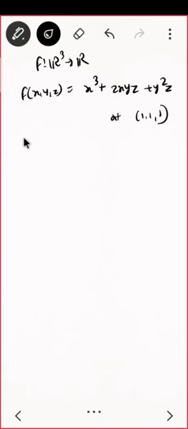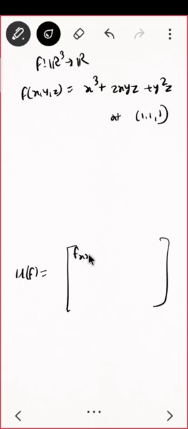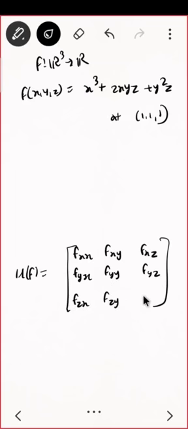So to find the Hessian matrix, first you need the mixed partial derivatives. What is H of f in 3 variables? It will be fxx, fxy, fxz, then fyx, fyy, fyz, next fzx, fzy, fzz. So this is the Hessian matrix.